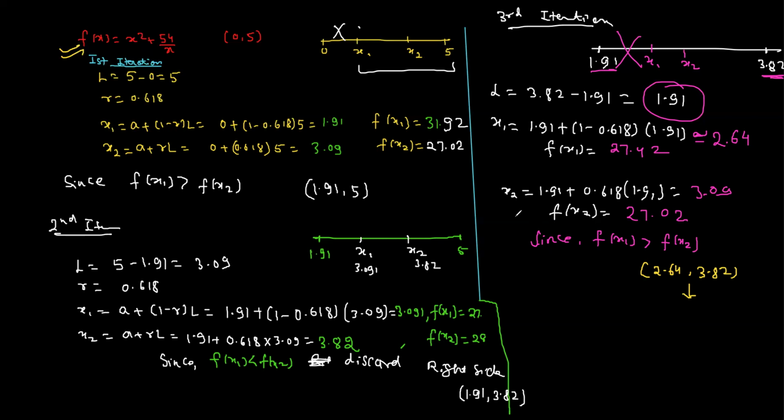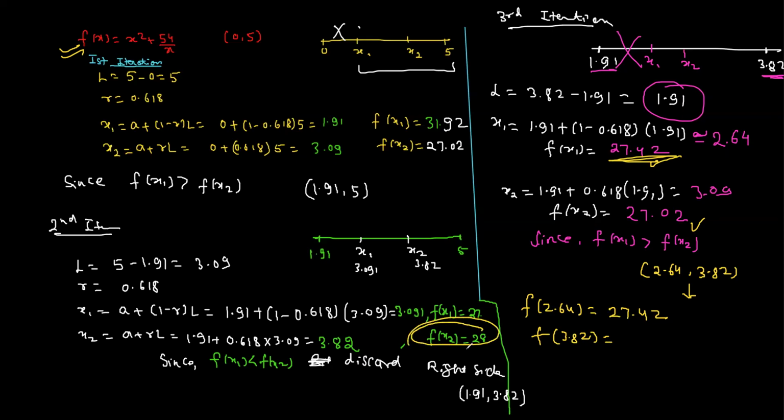And what will be the minimum value? It is 27.42. Your value lies between this interval. Find what is the value at f(2.64). It is 27.42, right? And what is the value at 3.82?